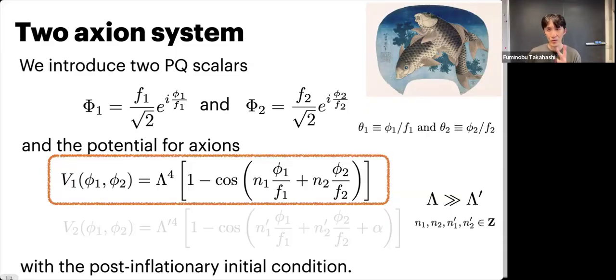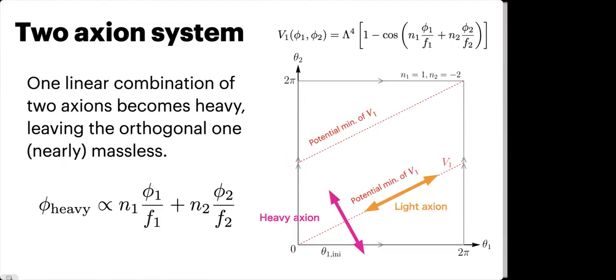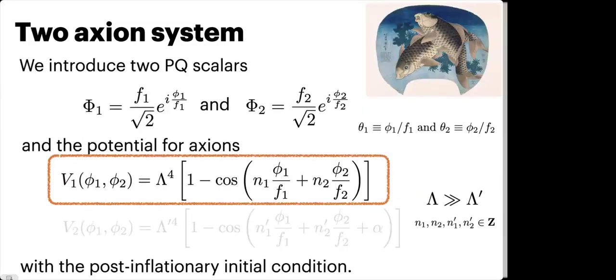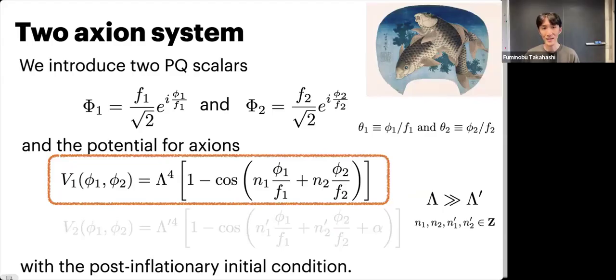We also assume a post-inflationary initial condition. So we have two different kinds of cosmic strings, phi1 cosmic strings and phi2 cosmic strings. They are cosmic strings, but different strings. Can I ask, I couldn't understand the difference between V1 and V2. The difference is that V1 is much bigger than V2.